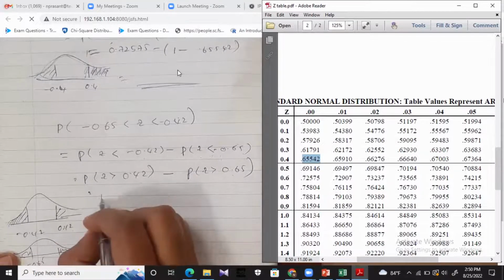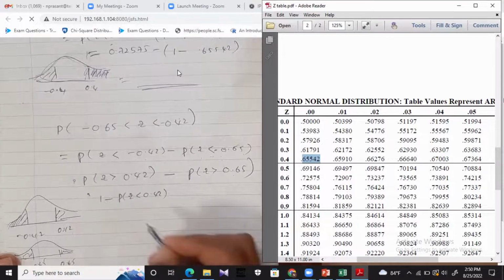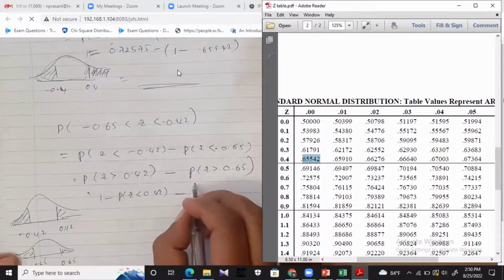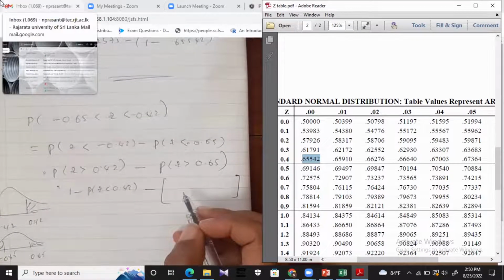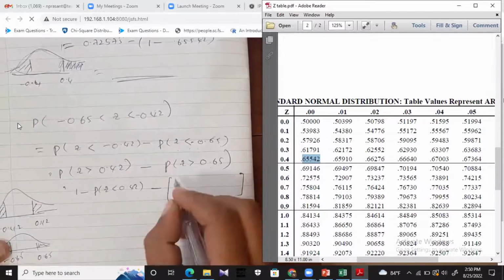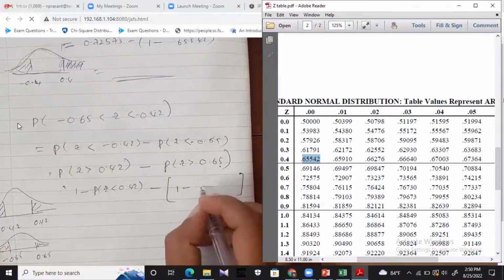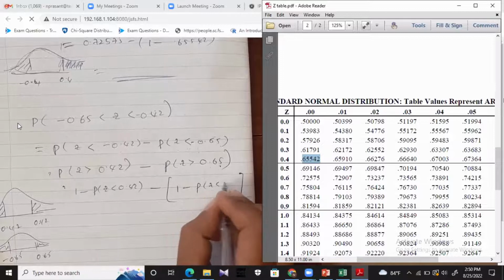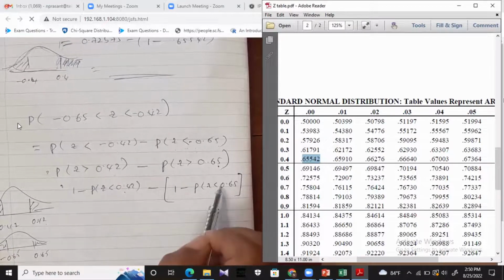So I'm writing 1 minus P is it less than 0.42 minus, better to put a bracket because here we will have minus, plus, minus, plus. Okay. So is it greater than 0.65 means 1 minus P is it less than 0.65. Now both are less than type.